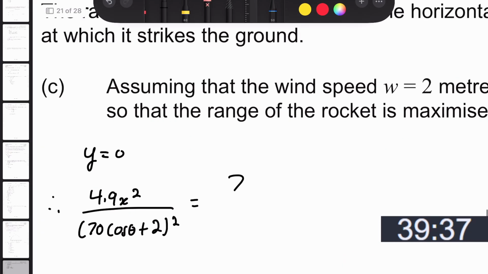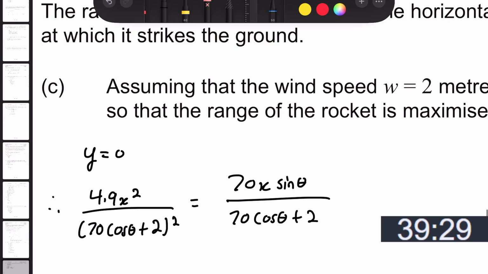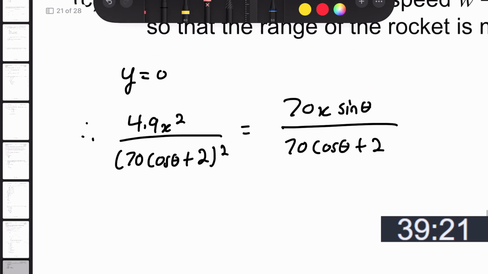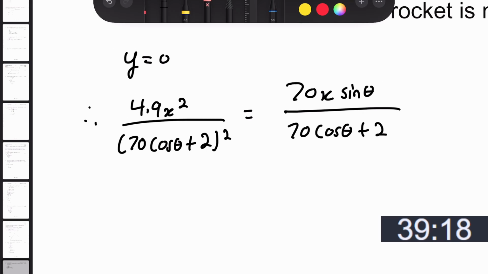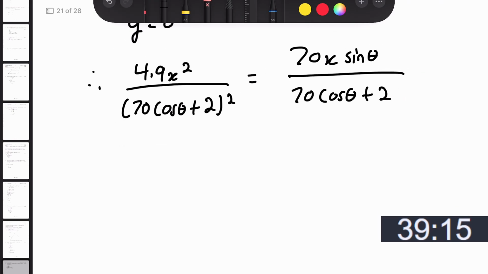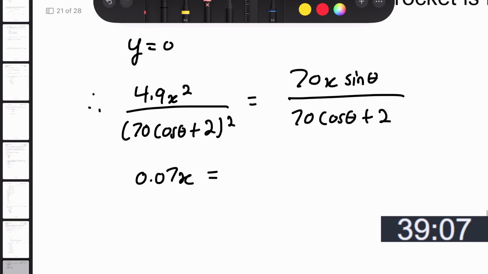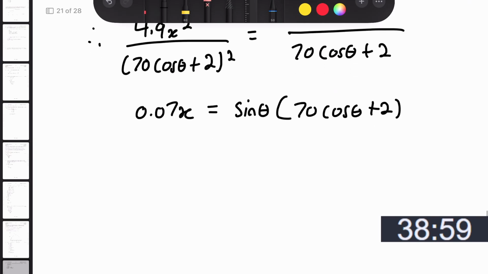It's going to equal 70x sine of theta all on 70 cosine of theta plus 2. Okay, so if I divide them both by 70x, it's 4.9 divided by 70, 0.07x. It's going to equal sine of theta over 70 cosine of theta plus 2.